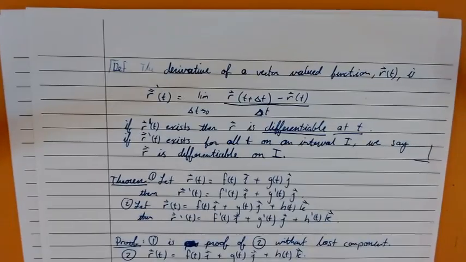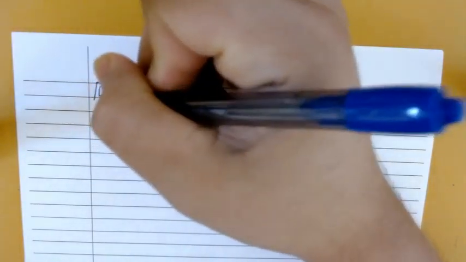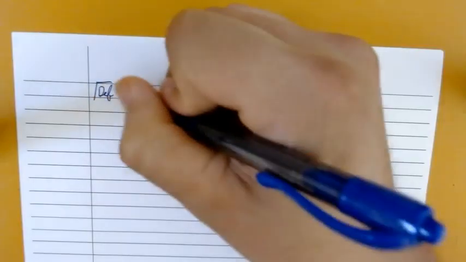Right, now, once you're able to compute a derivative, you can define things based off of that derivative. Definition. Let's start off with a vector-valued function.